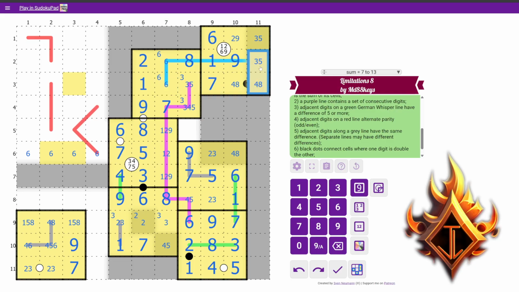We can get 3, 4. We can get 8 more. Oh wait, do we get 8 more? 9, 10, that would be 18. That would be 8, 6, and 4.